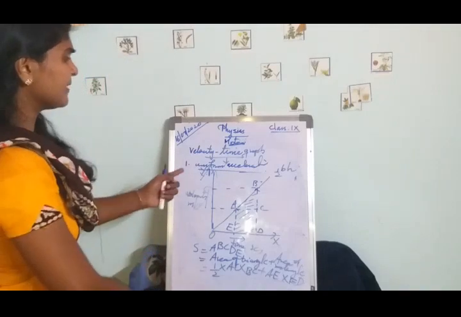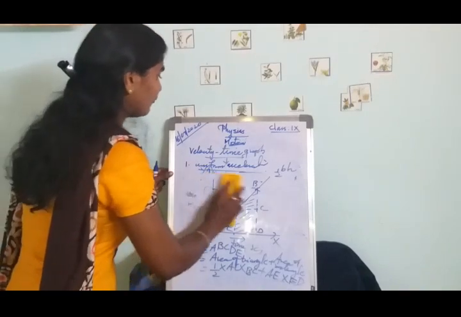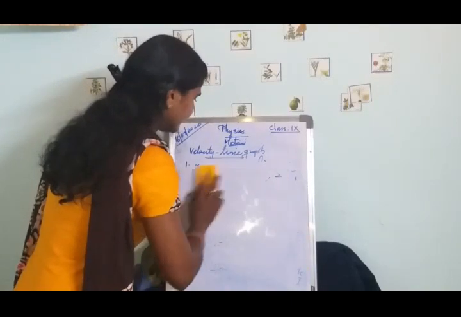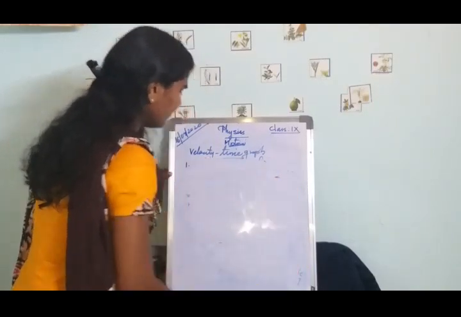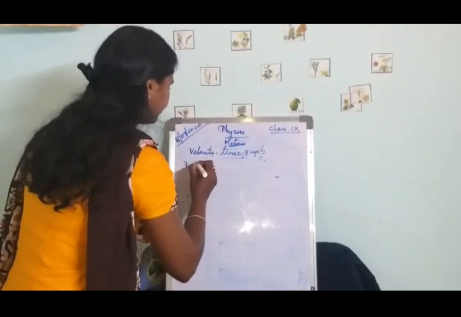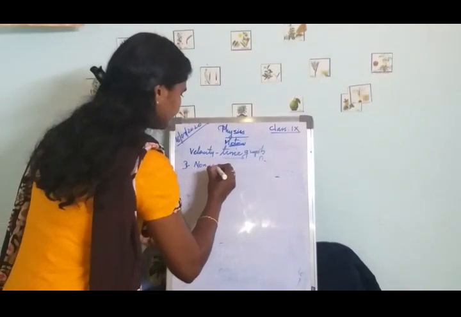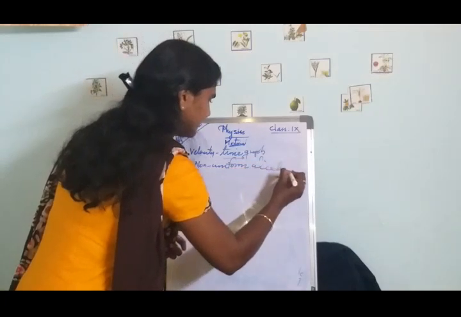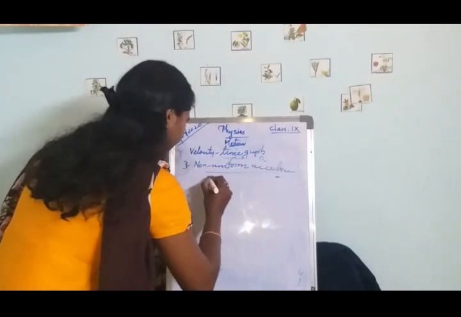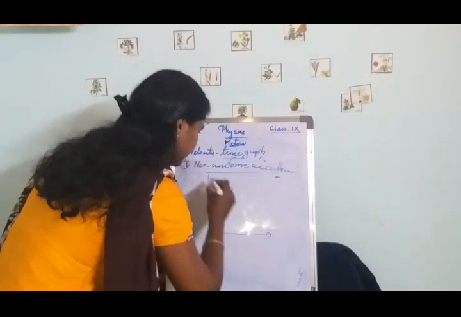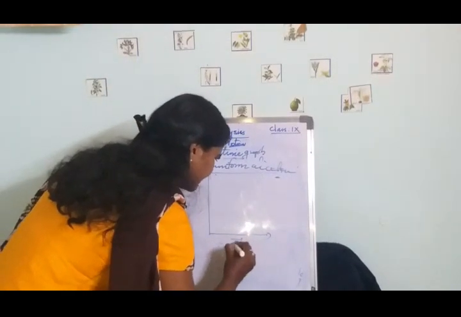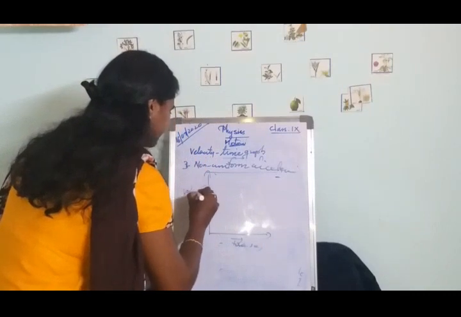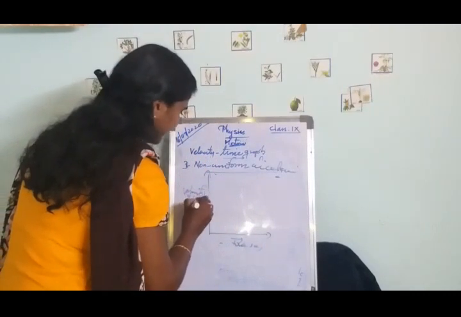Okay, the next is the velocity time graph for non-uniform acceleration. What is its nature? Here it is time in seconds, then velocity in meters per second.